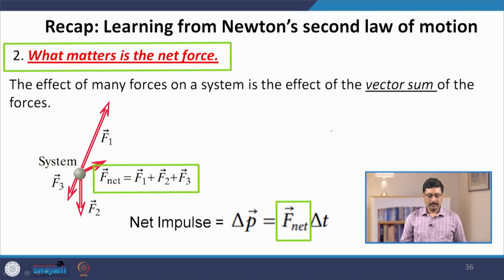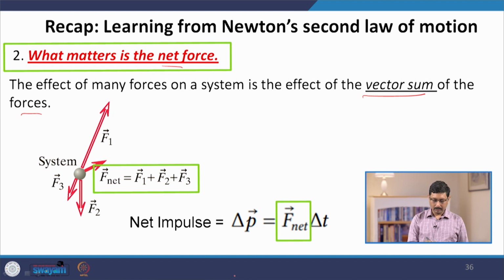The second message from Newton's second law is that what matters is the net force. What causes the acceleration is not the individual forces acting on the system, but the vector sum of all the forces.